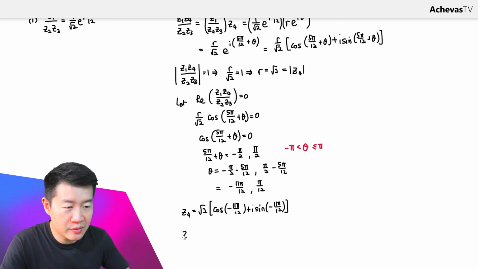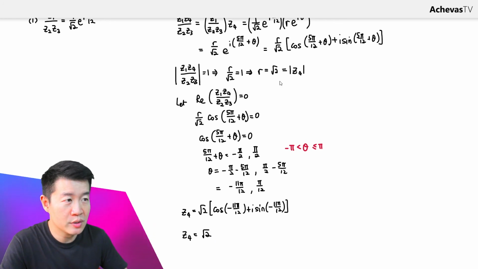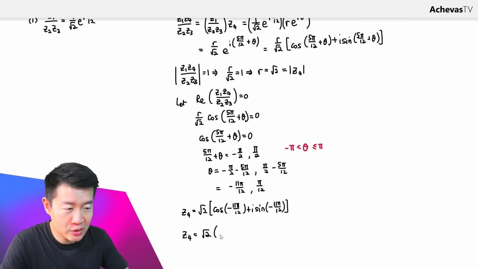And another possible value for z4 will be square root of 2, since the modulus of z4 is only square root of 2, and for its argument, I'm going to pick the other one. So that will be cosine of pi over 12 plus i sine of pi over 12.